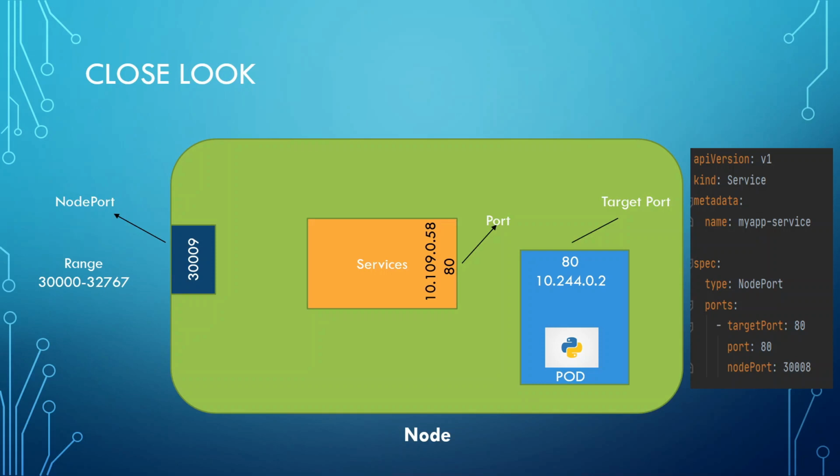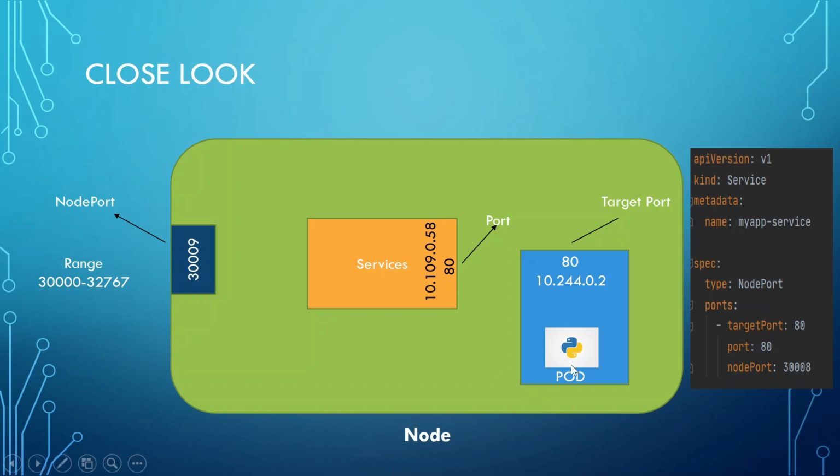Same here, I have mentioned Service, then I have given the name, my app service, and then the type is NodePort. If I am going to create the cluster, then I have to give ClusterIP here, or if I am going to create a load balancer service, then the type should be LoadBalancer. Here it is the NodePort service.